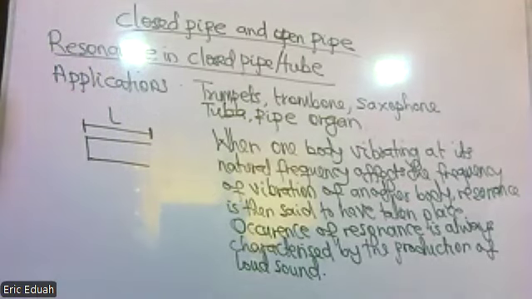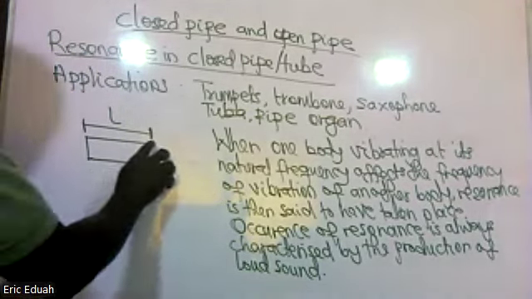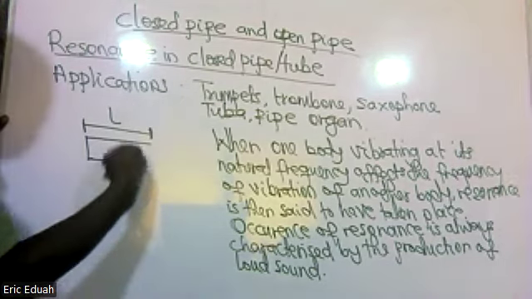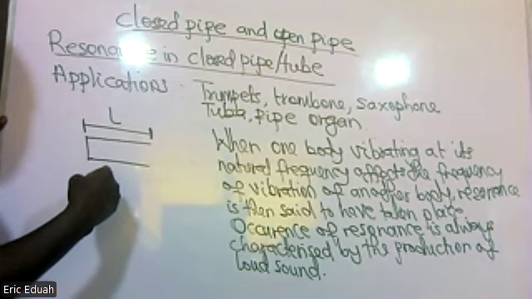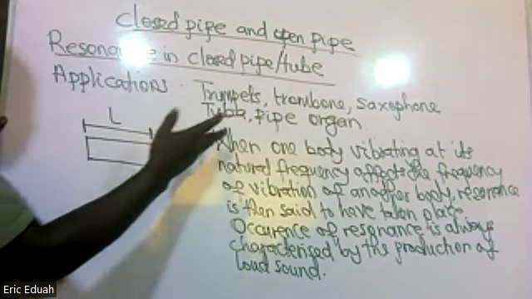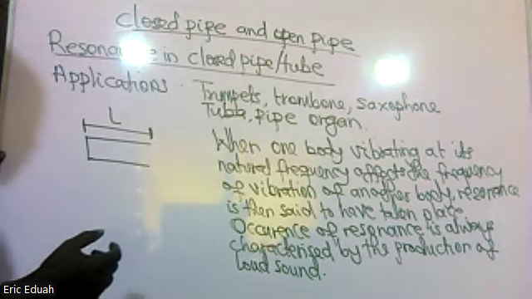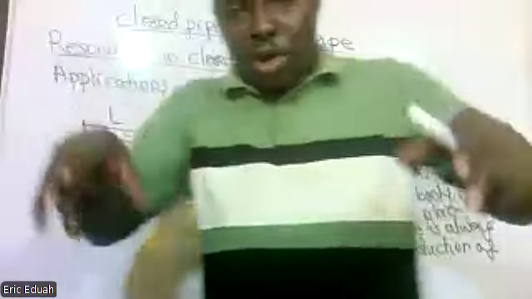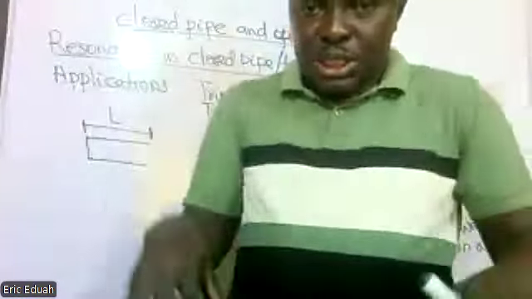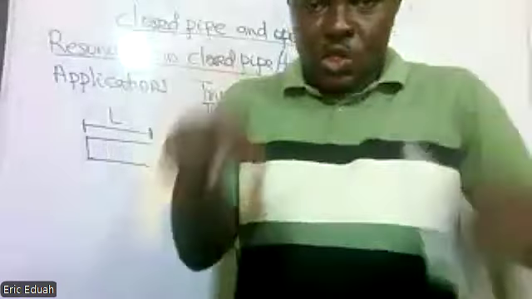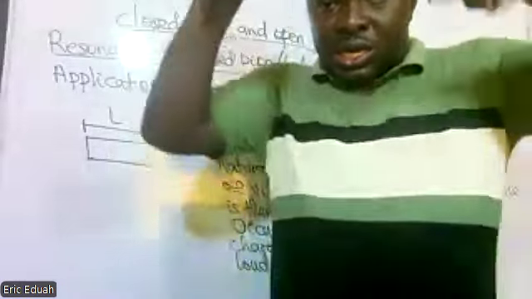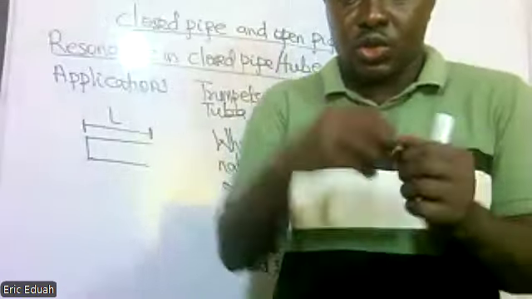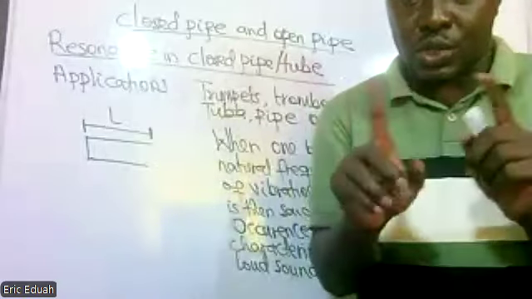All right. So we have a tube of length L. Air is blown into it, as in playing trumpets, trombone, saxophone, or whatever. Keyboard, you are pushing with a certain force on the key. So the force causes the air molecules or particles within the pipe to resonate.